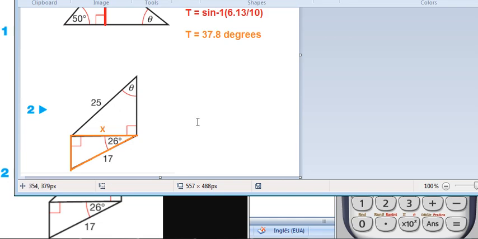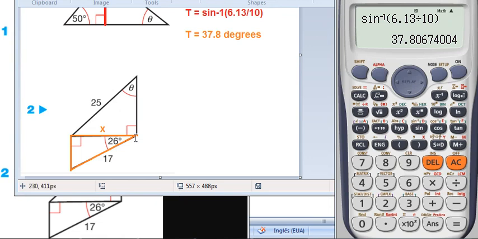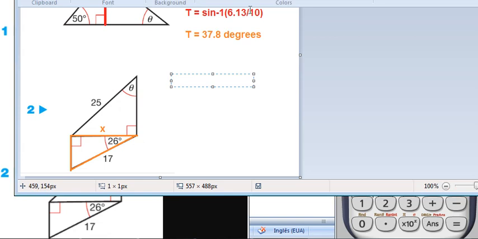So this is the hypotenuse, and now we are working with the adjacent side because it's touching the 26 degree angle. So the sine of 26 degrees, and I'm working with this orange triangle, is going to be equal to the adjacent side.